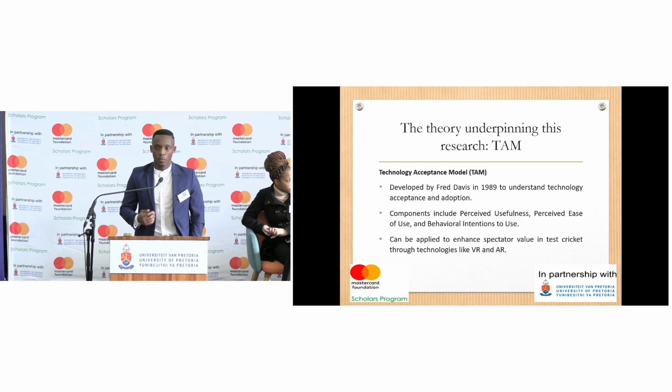So it will help the researcher gain a deep understanding of what the challenges are in adopting technology, and what makes you attracted to a certain technology. For example, when you buy a phone, you're always looking at, is it easy to use? Does it solve your problem? Does it improve your behavior as well? So all those things you need to consider when you are adopting technology.